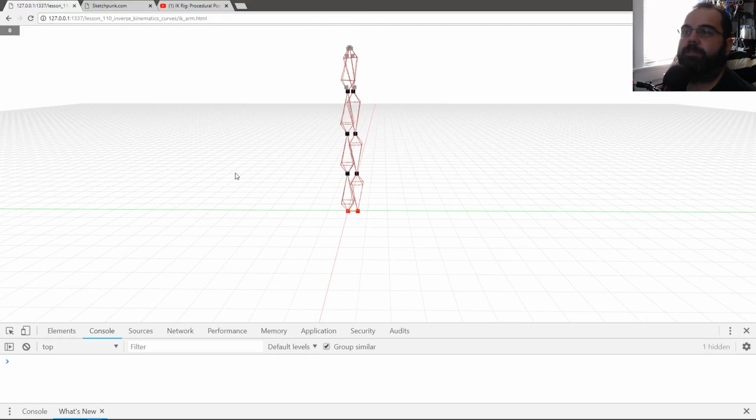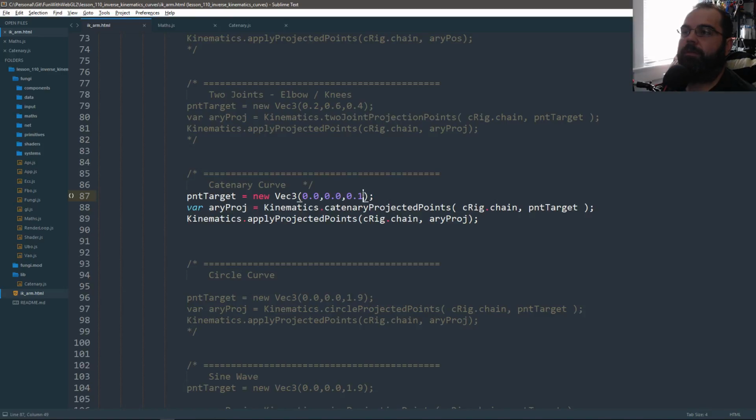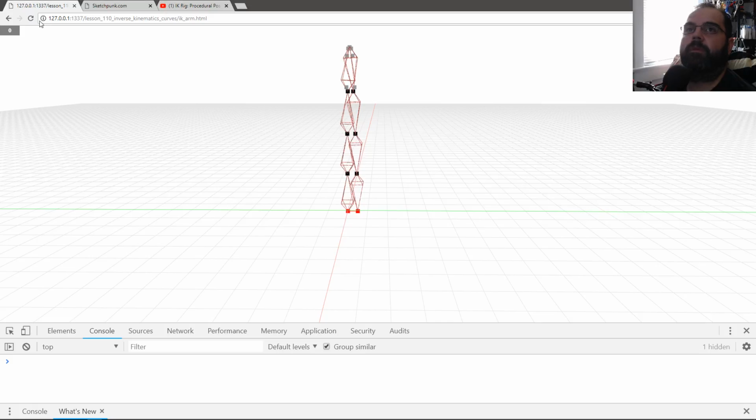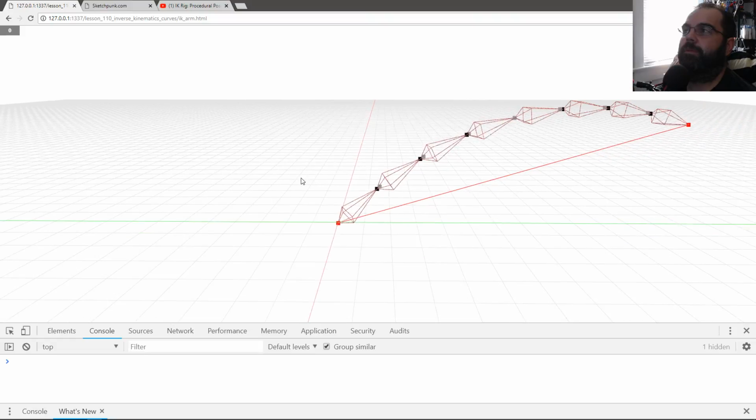And that's what it does. You can just move this around. See, there you go.